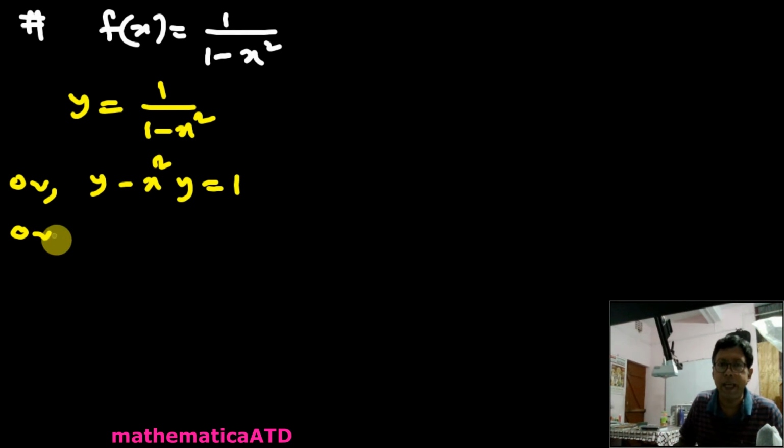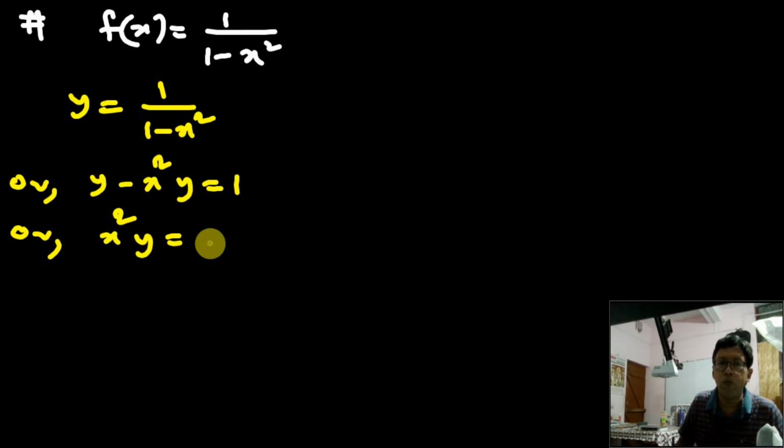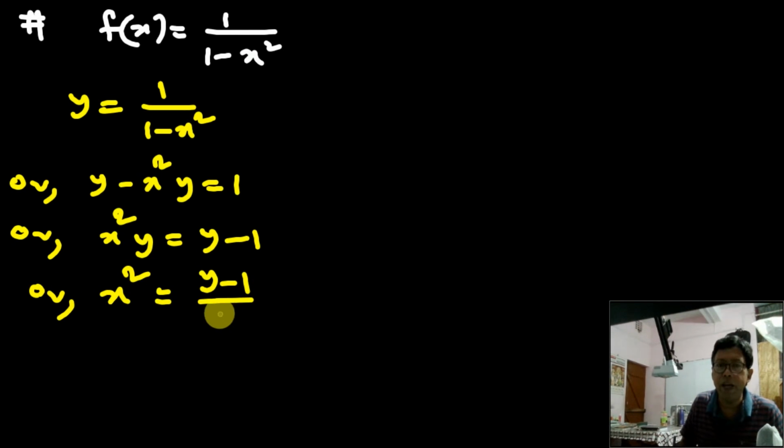So x square y is equal to y minus 1. So x square is equal to y minus 1 divided by y. Now you see that x square, the left side, is always non-negative, isn't it? So obviously the right side will also be non-negative. So y minus 1 divided by y is greater than or equal to 0.